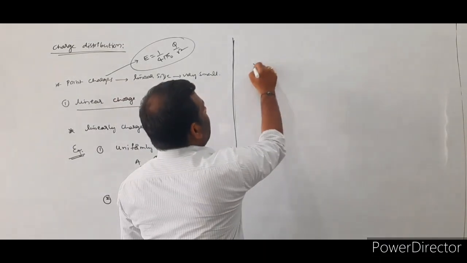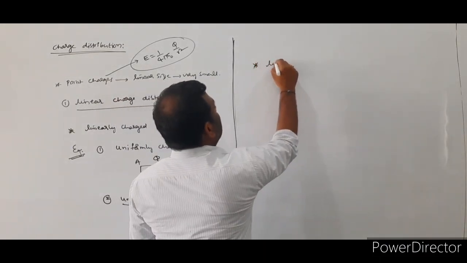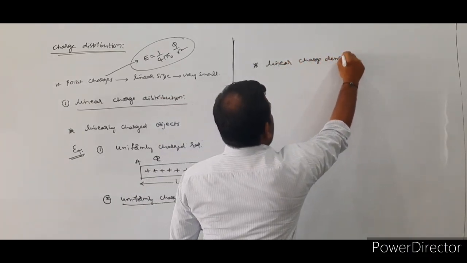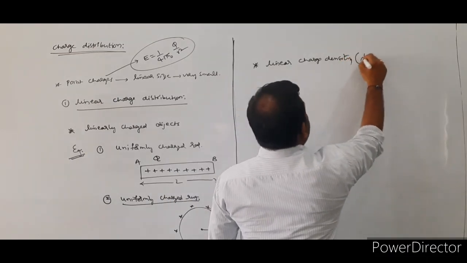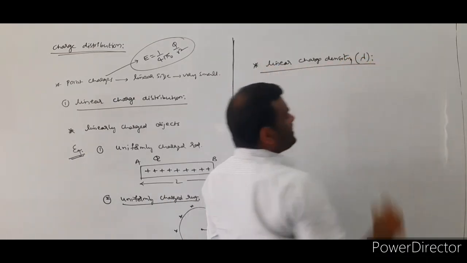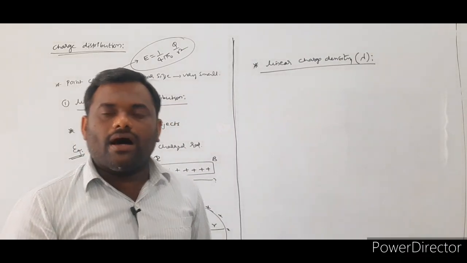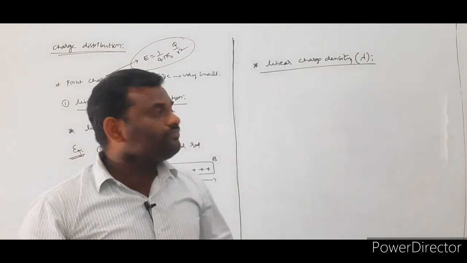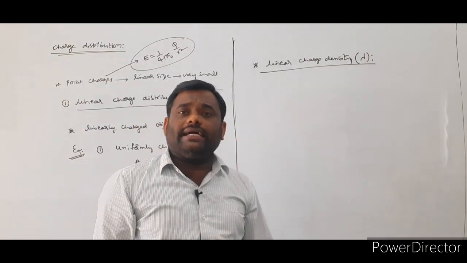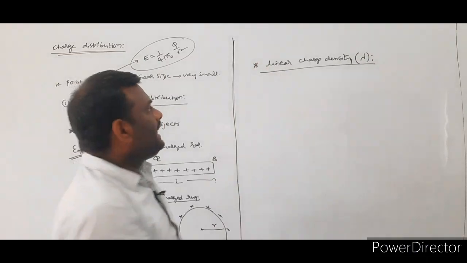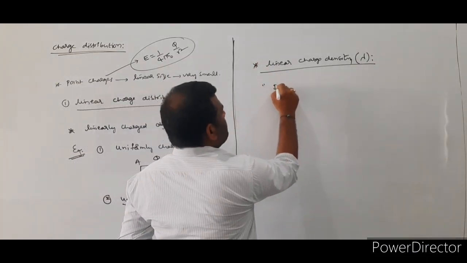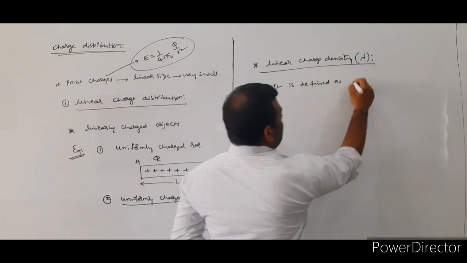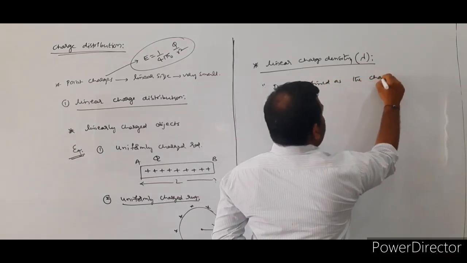That physical quantity is called linear charge density, which is represented by the symbol lambda. How can we define linear charge density? It is defined as charge per unit length.